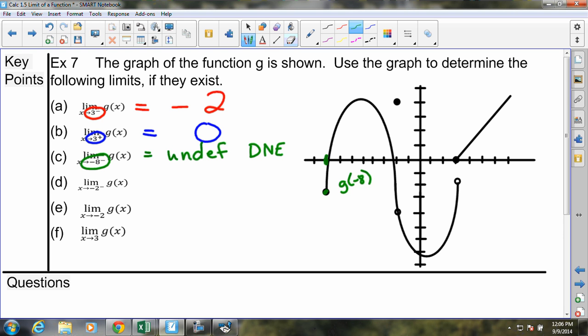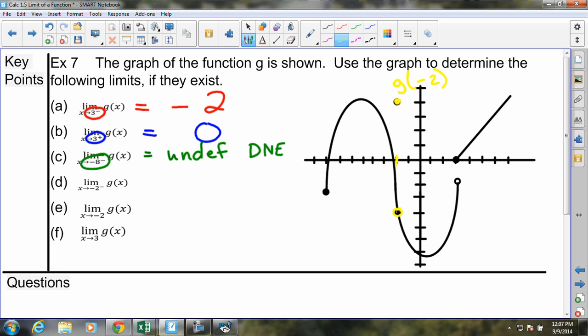Progressing to the next one, and I'll switch to yellow for this one. What is the limit of g of x as it approaches -2 from the left? Okay, so things worth noting that perhaps are a little bit unclear. This is an open circle. This is the closed circle. This point where it jumps up at the top, that is the actual function value for g of -2.